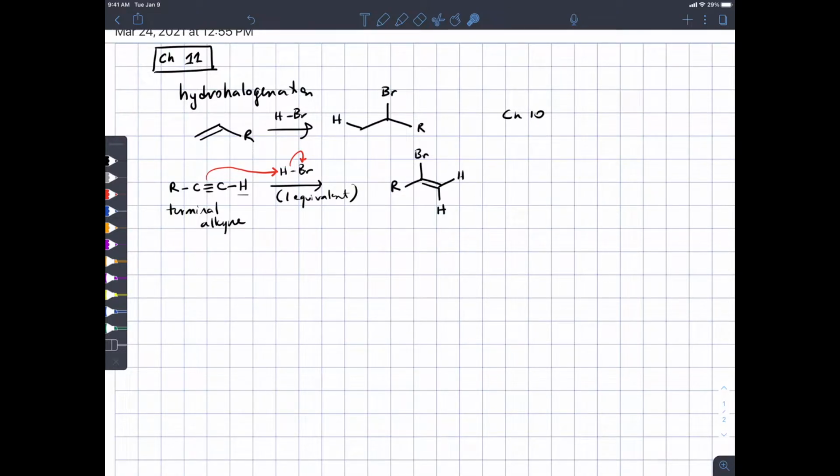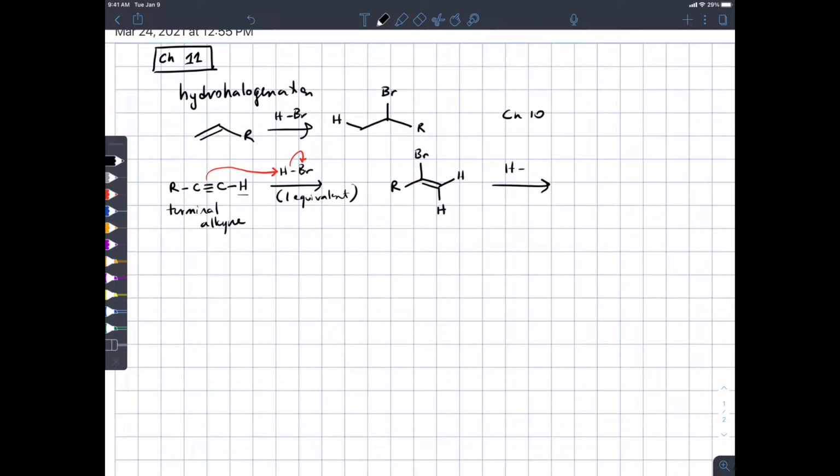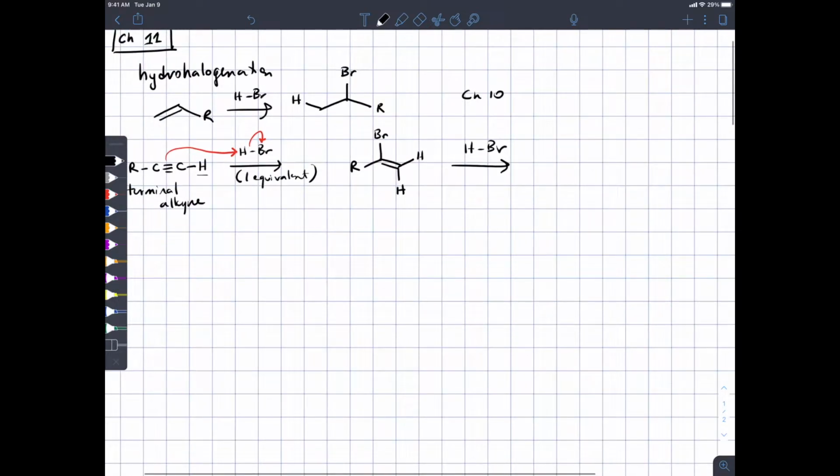So you get exactly what you would predict. And then if you were to add another equivalent of HBr, it's going to happen in exactly the same way as we do hydrohalogenation of alkenes. The pi electrons attack the hydrogen of HBr, bromine leaves.